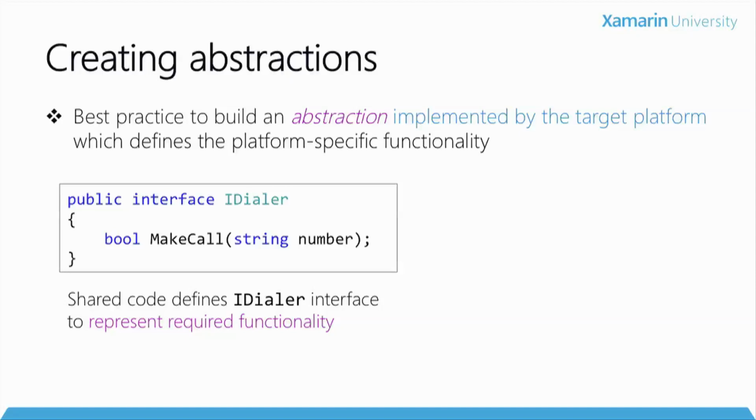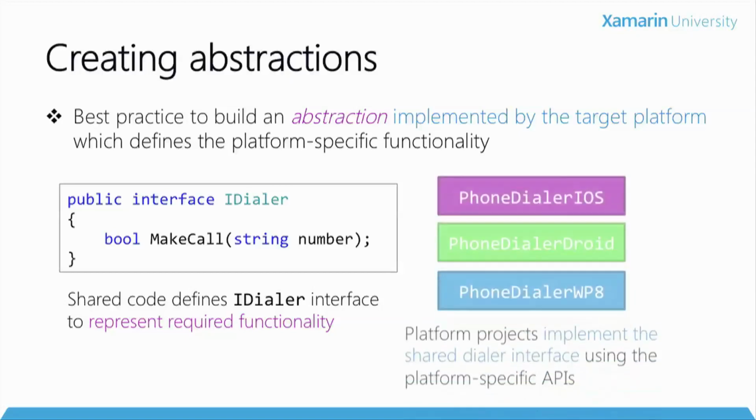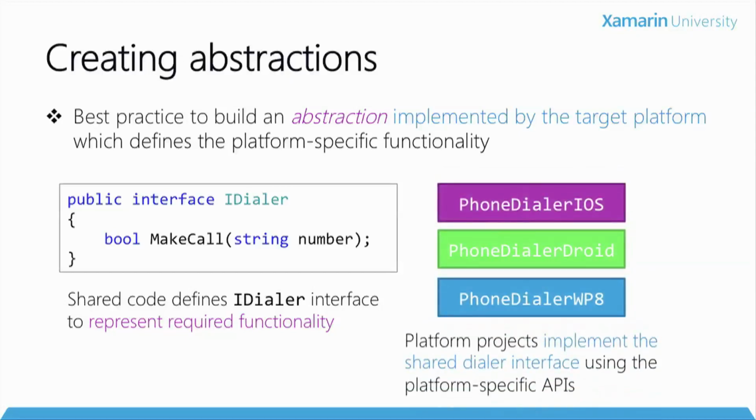And we just say that at runtime there will be an implementation of this interface available on iOS, on Android, or on Windows Phone. In the platform-specific projects, we then implement this interface by using whatever is available on the platform to fulfill that request to place a call.